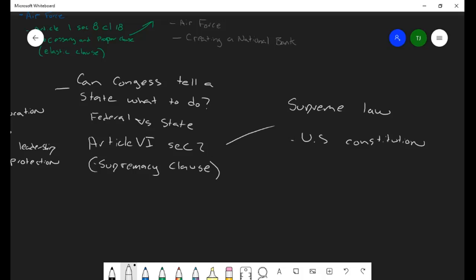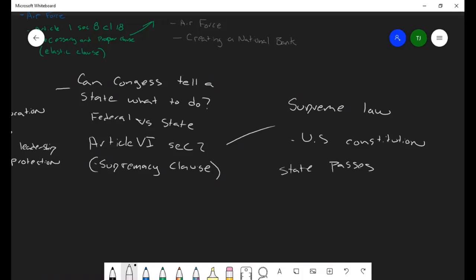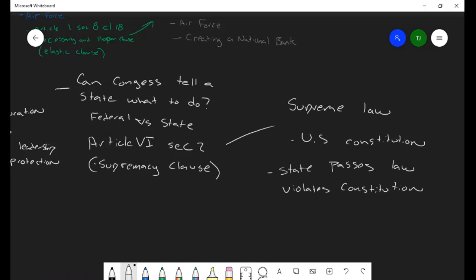So that means if a state passes a law that violates the Constitution, this gives power to the Supreme Court to deem it unconstitutional.